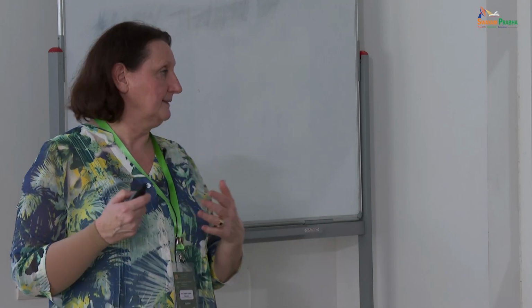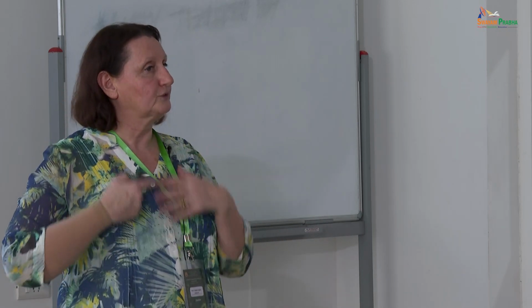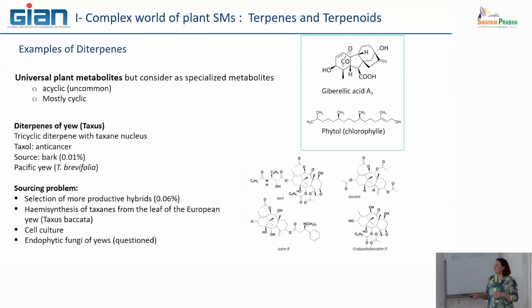In this way, we increase the amount of the final molecule in a very important way. So one of the solutions is to find intermediate plants that are able to produce a lot of these intermediates. That was also what we call the taxane, for example, which is produced this way.